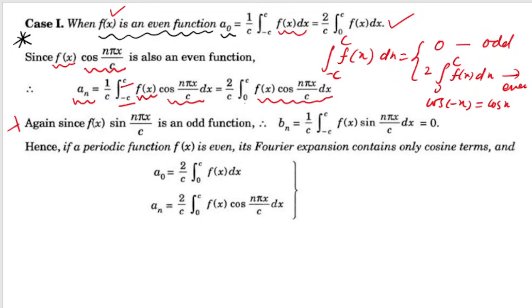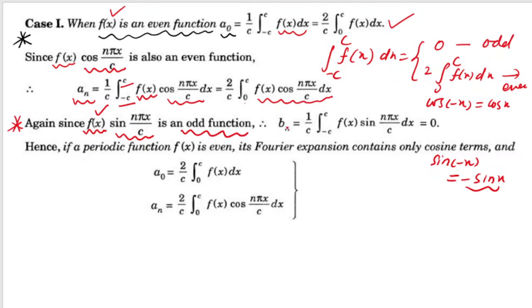But what is important here is that f of x is an even function, but sine x we know is an odd function, because sine of minus x is equal to minus sine x, that I know. So f of x is even, but sine n pi x by c is an odd function, so the product of an even function and an odd function is an odd function.